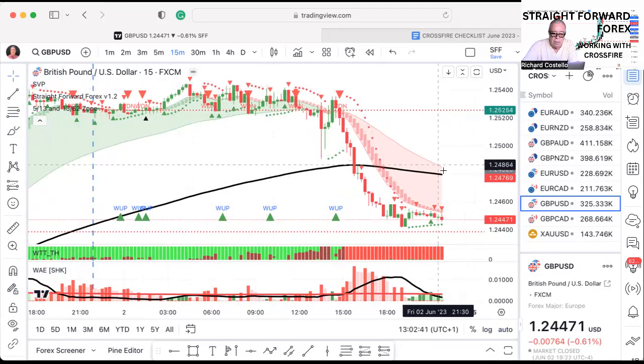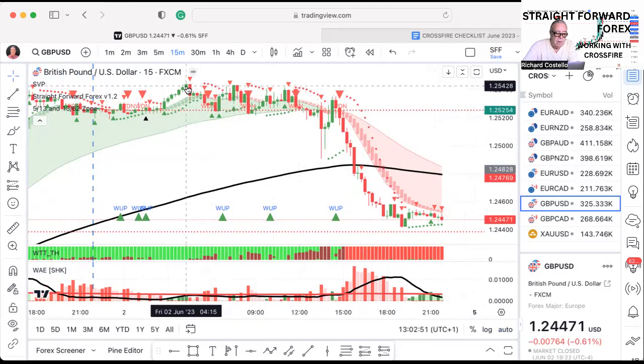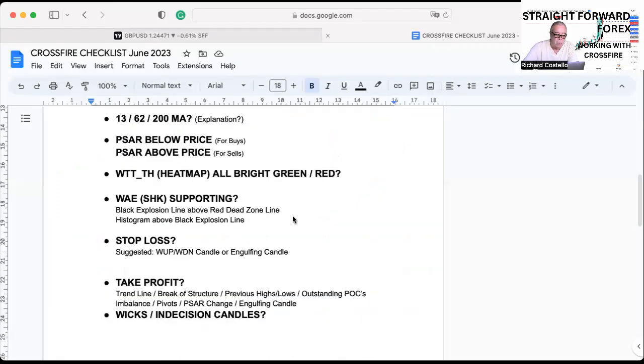If I was getting in for a buy round about here, and we were heading upwards, there's a potential take profit up here because there's obviously some resistance there, and we need it to break structure. So that's what we're looking for when I talk about break of structure. Sorry, I couldn't show it. We need to be looking at real life charts.